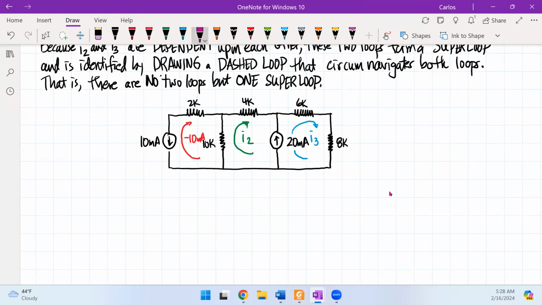Then I'm going to say, so now I have a super loop that goes around like this, and they go in the same direction as these guys. So this guy right here is the super loop.